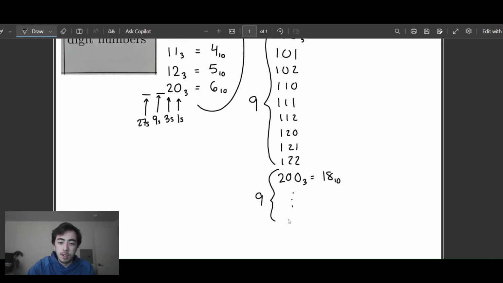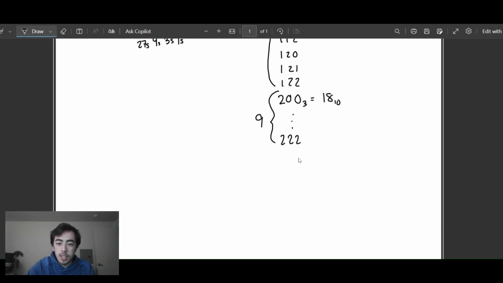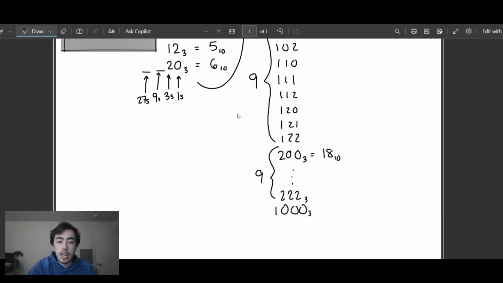Because once I get down to the number 222, if I try ticking this up to a 3, I can't because I don't have that digit. And all of these numbers spill over, kind of like after the number 999, we get to 1000. So after 222, we're going to get what looks like 1000 in base 3. And that is now a 4-digit number. So here are all 18 of my 3-digit base 3 numbers.